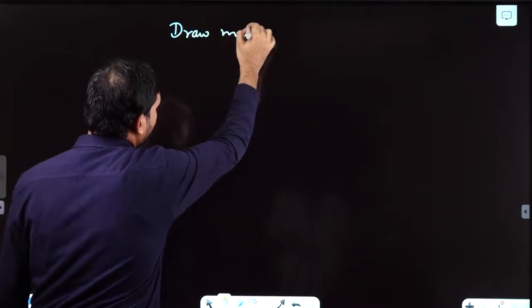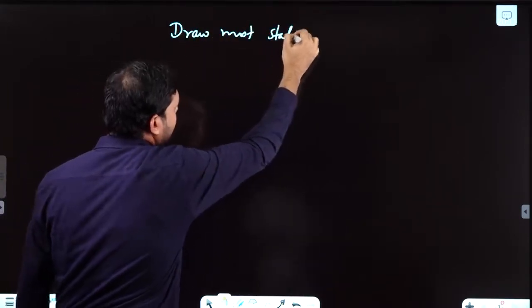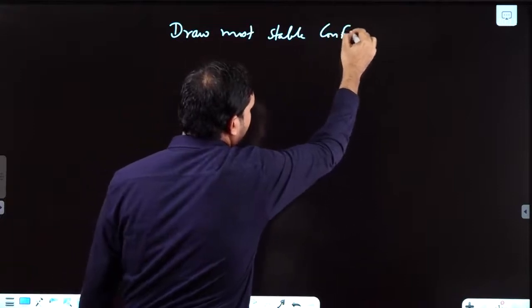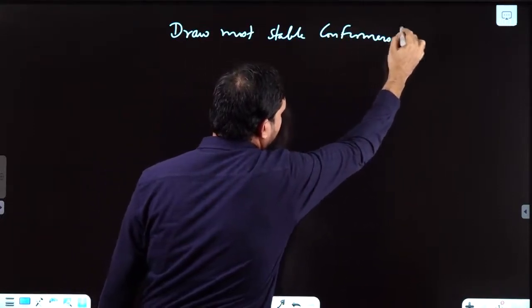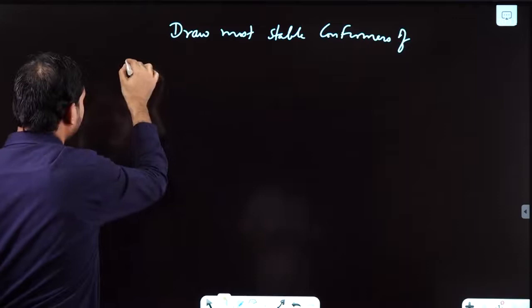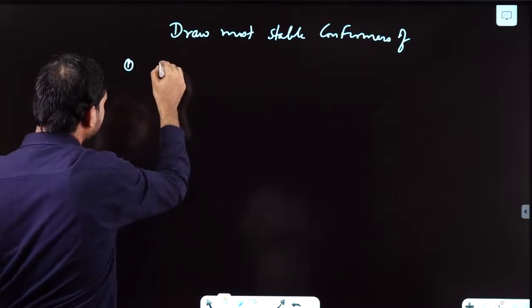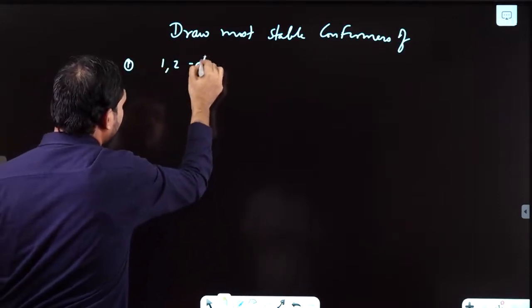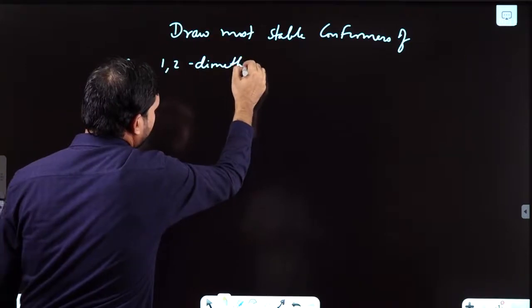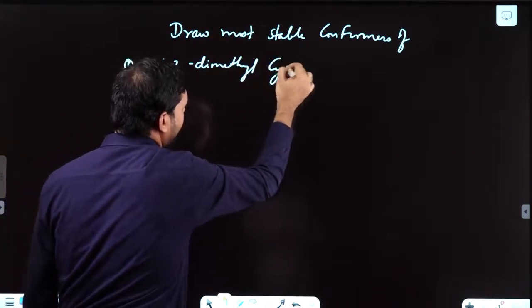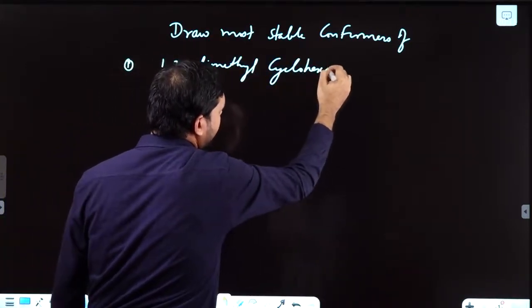Draw the most stable conformers of 1,2-dimethylcyclohexane.